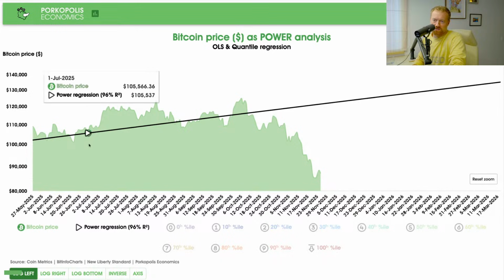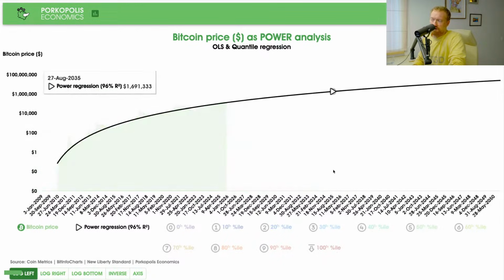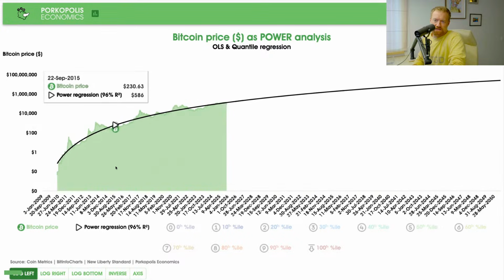Okay, so the quantile regression is basically: you look at the data, and then you run a regression on a certain segment of that data. You can piece these out in different quantiles, right? The typical way, and you've probably seen this a lot, is just to do 11 segments.